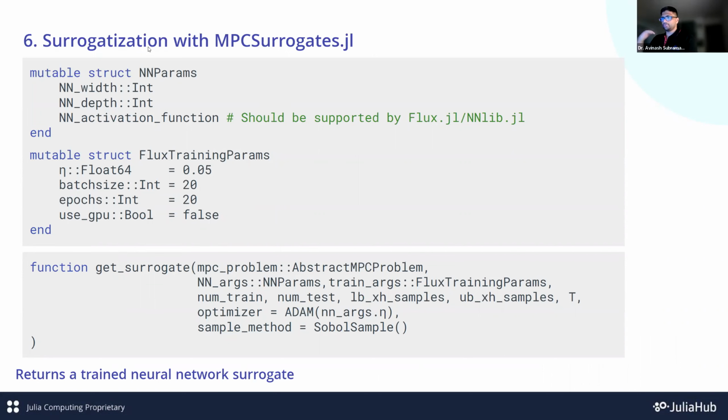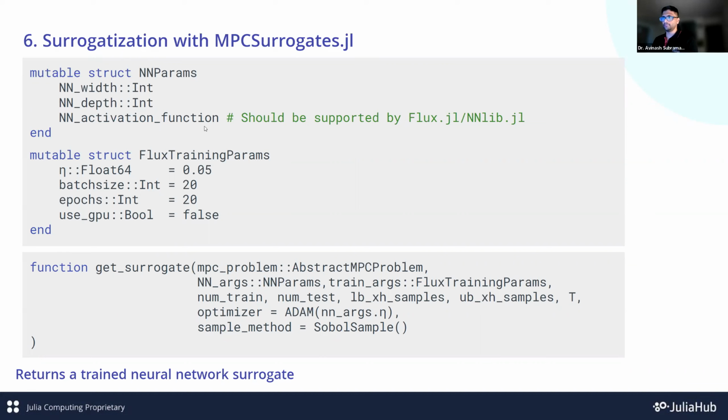So, just an overview of the MPCSurrogates.jl package that comes within JuliaSim. The idea is you could define a structure of your neural network. For instance, you could mention what width and depth of the neural network you want.